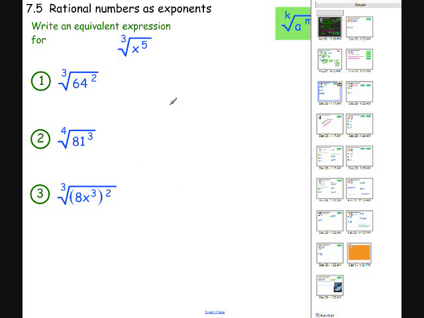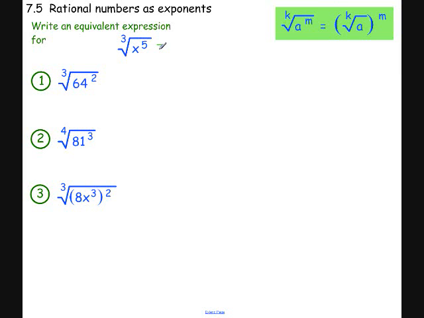Let's try writing an equivalent expression using rational exponents for this. Okay, so we're not going to be using the radical anymore. We know that we put the power in the numerator, and the power is 5. In the denominator, we're going to put the root.